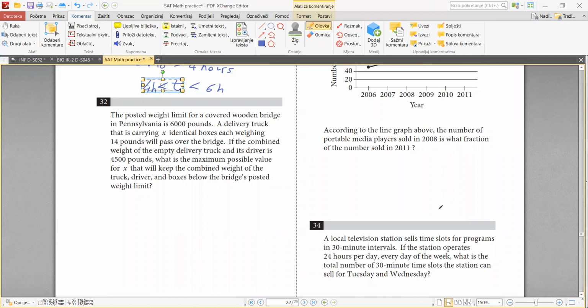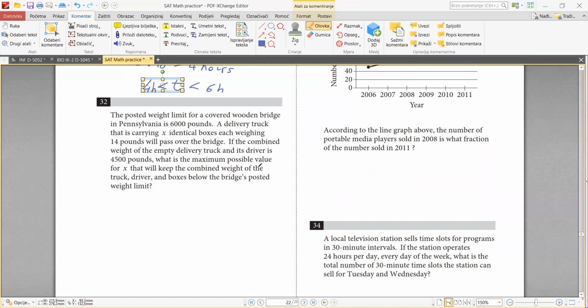Question 32. The posted weight limit for a covered wooden bridge in Pennsylvania is 6,000 pounds. A delivery truck that is carrying X identical boxes, each weighing 14 pounds, will pass over the bridge.